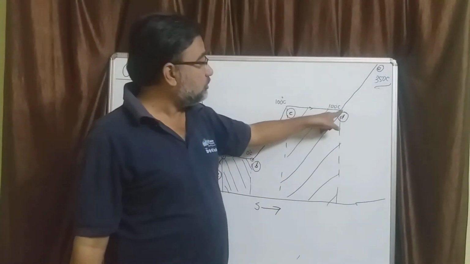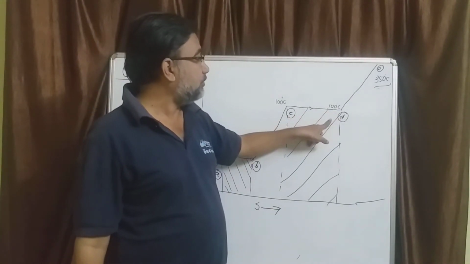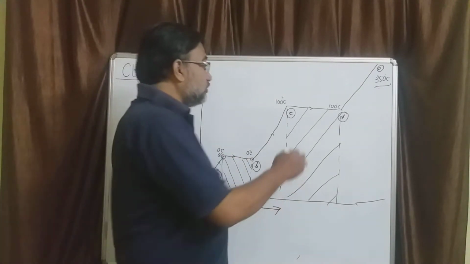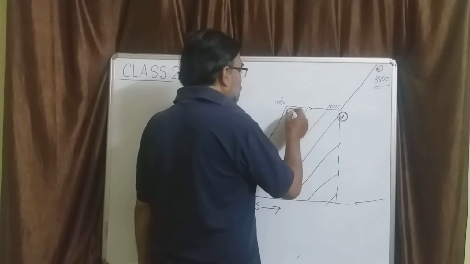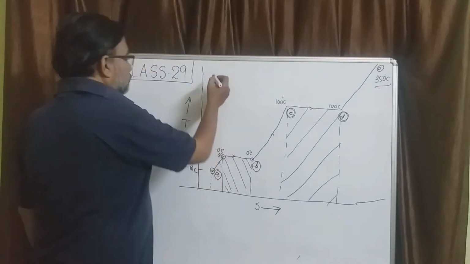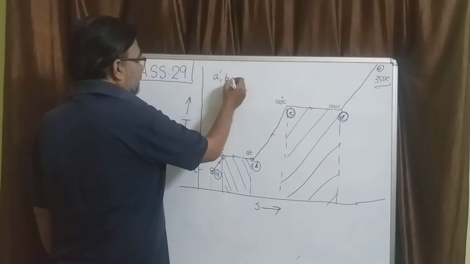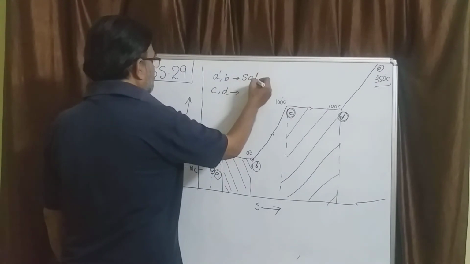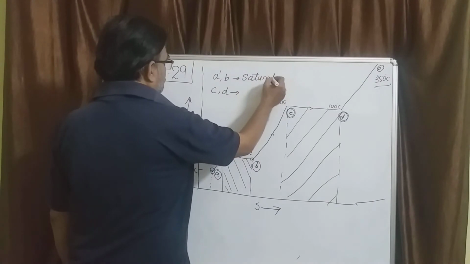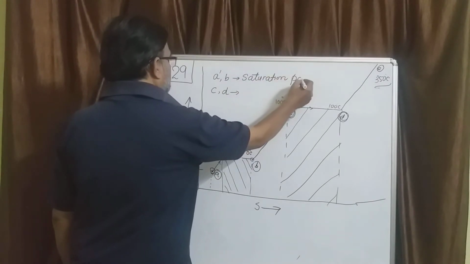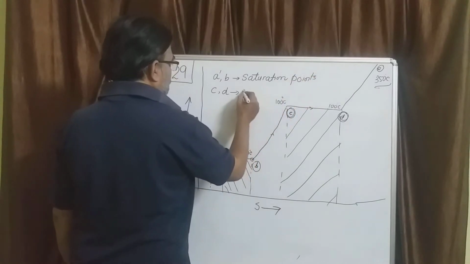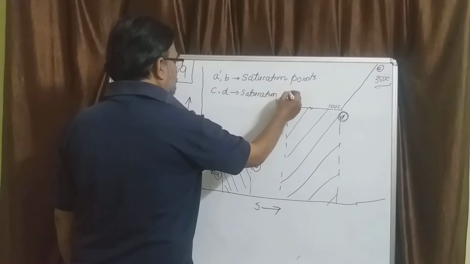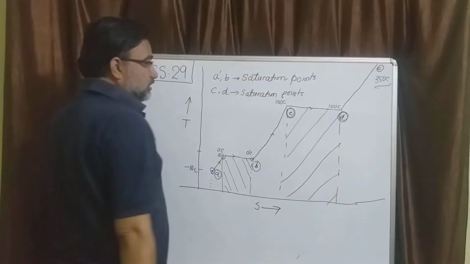That means beyond this point, it will not remain as vapor. Beyond this point, it will not remain as liquid. So these are the border points, and these border points are called saturation points. So A dash, B, C and D are called saturation points, because they are the border points.